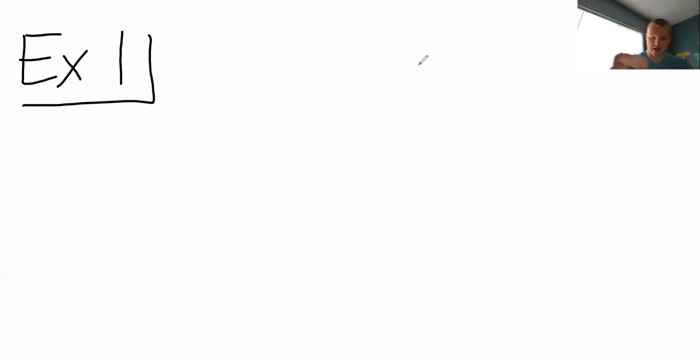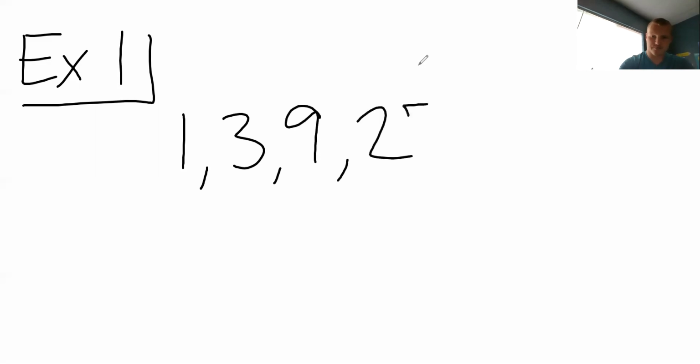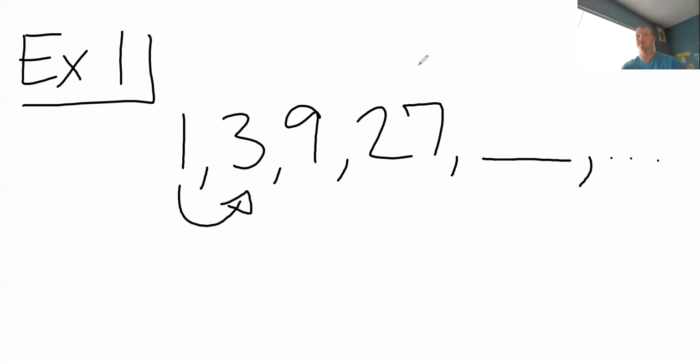Here's an example of a multiplication sequence. We have 1, 3, 9, 27, and what would be our next term? First off, how did we get from 1 to 3? Talon, how did we get from 1 to 3?